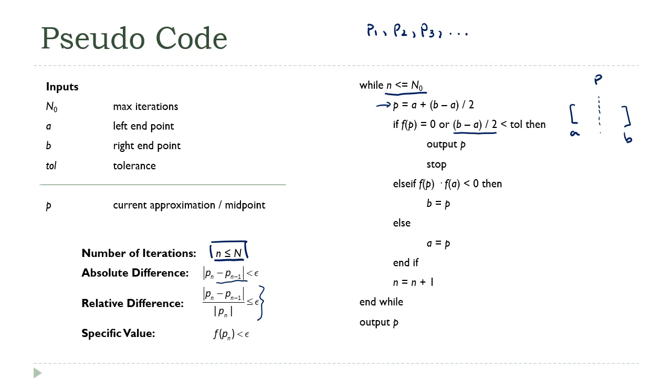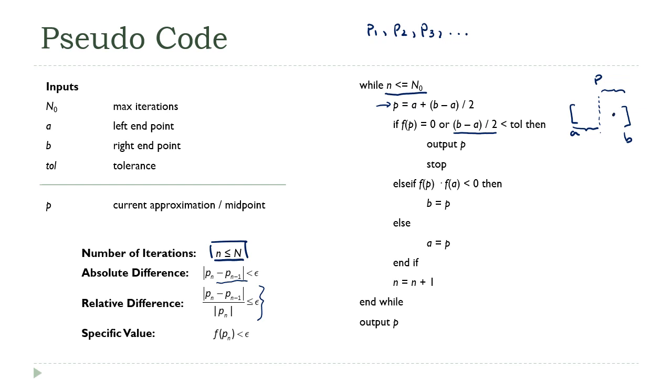b minus a is the length of the interval. (b minus a) divided by 2 is half the length of the interval. So that's this size here and this size over here. Well, the way the method was designed, I know that the actual root is on that interval somewhere, right? Say it's right here.